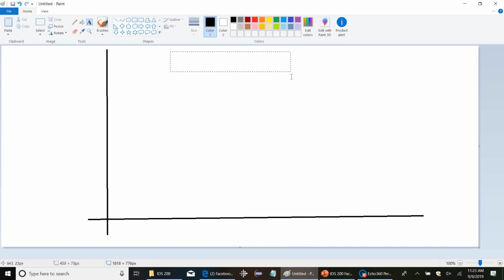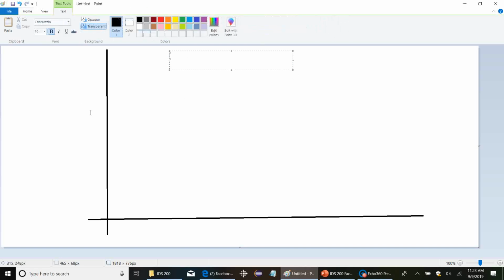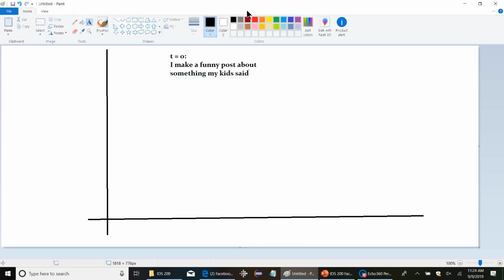okay, we can say time 0, I make a funny post about something my kids said. I just post up something funny. Time decay, in principle, should look like this.